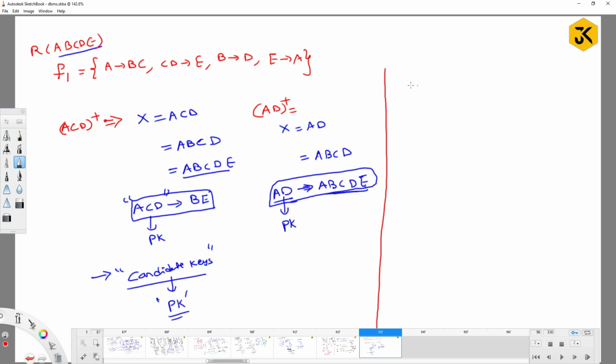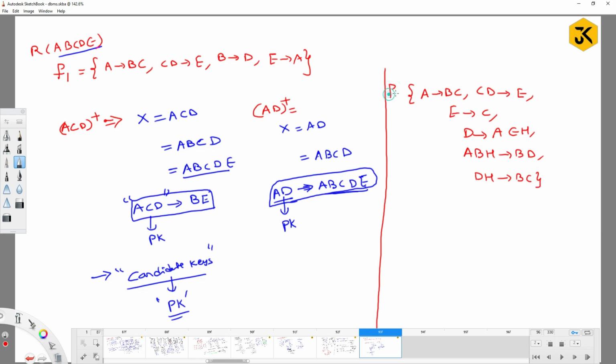So take this example. For example, the functional dependencies are: A determines BC, CD determines E, B determines C, D determines AEH, ABH determines BD, DH determines BC.